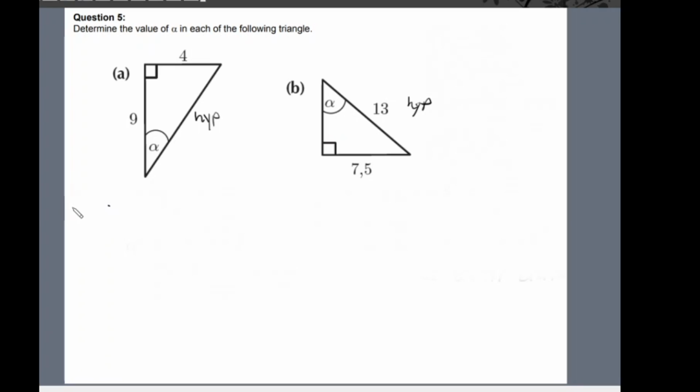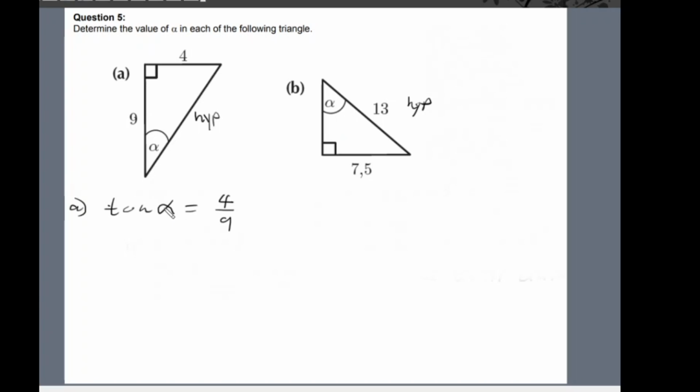Therefore we will use tan alpha to solve for this angle. So tan alpha is opposite over adjacent, right? So it's 4 over 9, right?